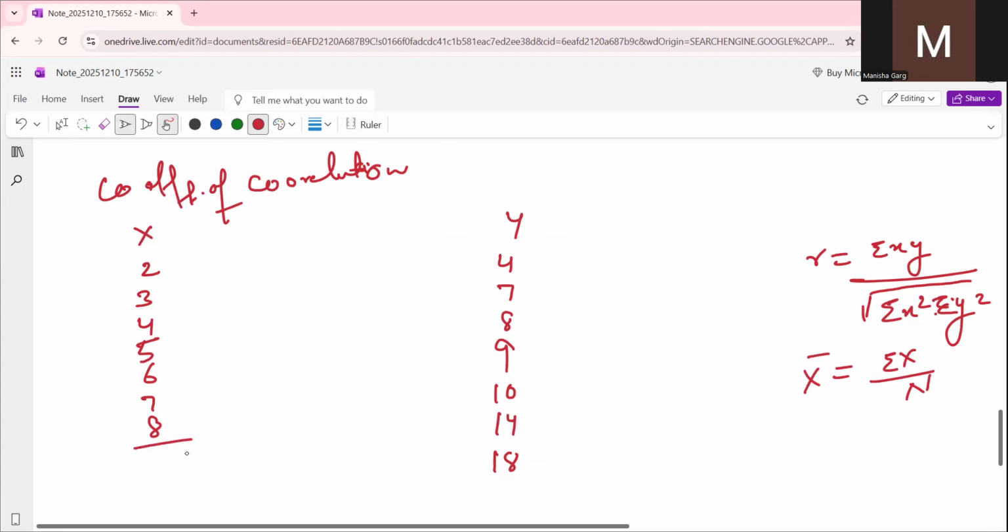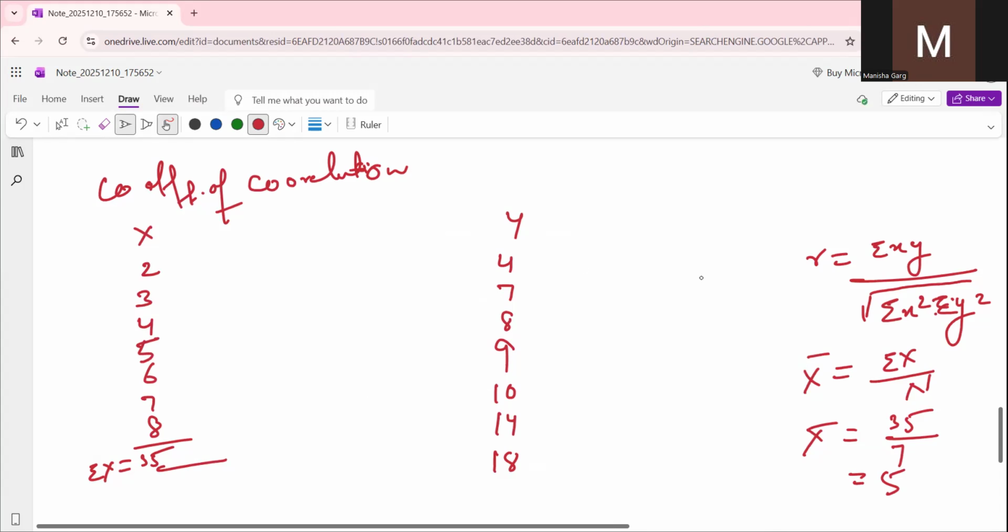We will total this series. Summation of x equal to 35. Then mean will be summation of x, 35, divided by number of observation, 1, 2, 3, 4, 5, 6 and 7. Total number of observation is 7.